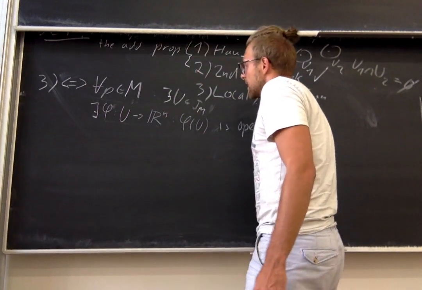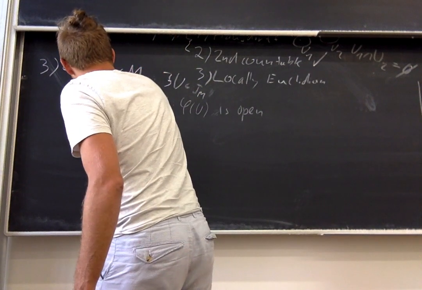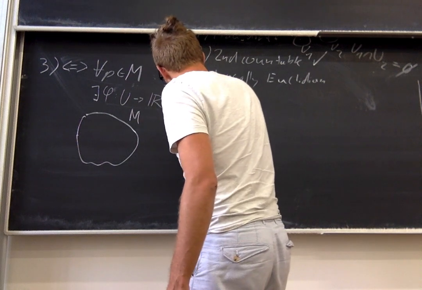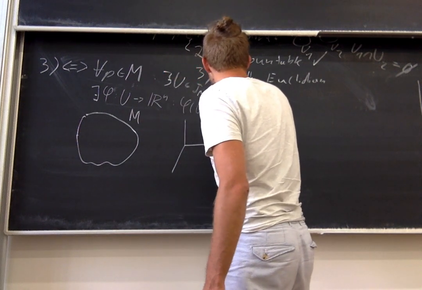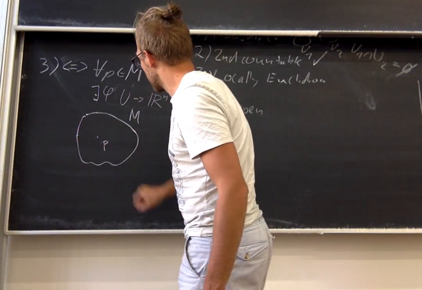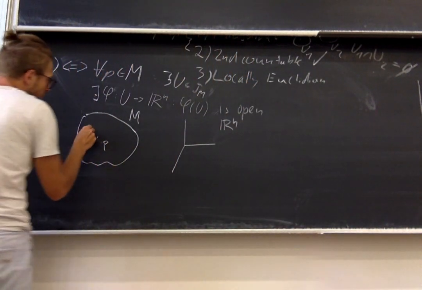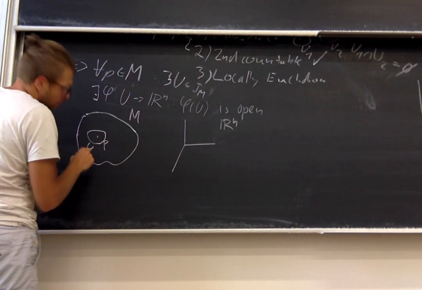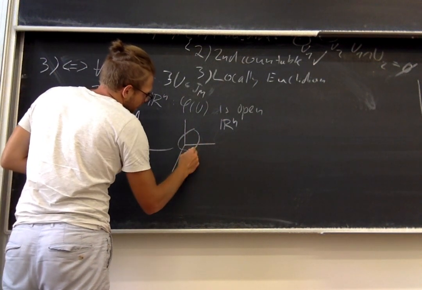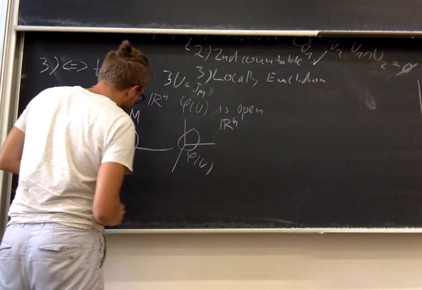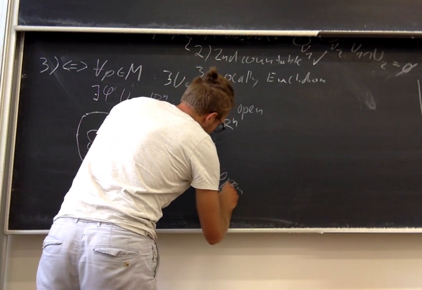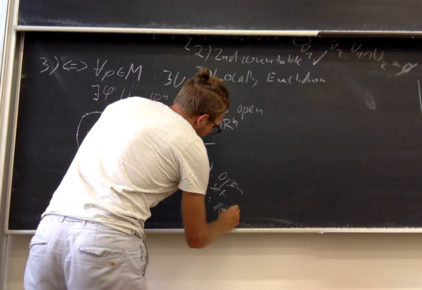Now, what this means is you've got your topological manifold M here, and you've got your Euclidean space here, let's say Rn, and you choose any point over here. Let's name this point P. Then there will always be a local neighborhood U that maps to some phi(U), which is an open set in Rn.